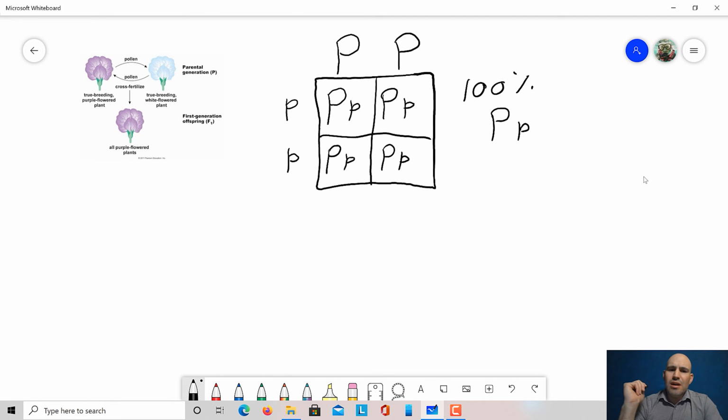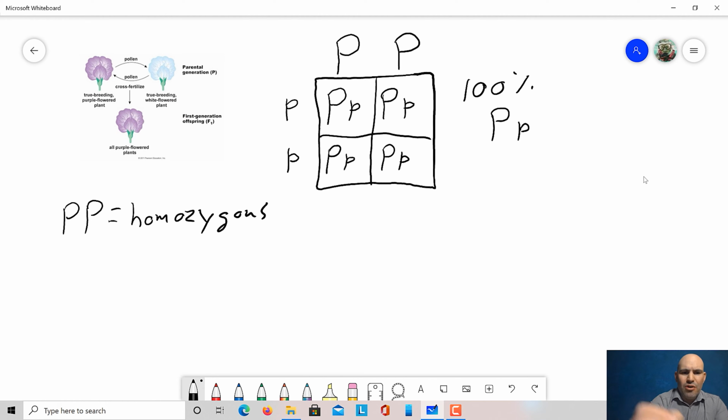Okay, so let's talk about some of our terminology. If you have two of the same alleles, then we are going to call you homozygous. Homo meaning same, zygous like in a zygote, like in an offspring. So homozygous means you have two of the same alleles. If you have two different alleles for the same trait, we are going to call that heterozygous. Hetero meaning different.